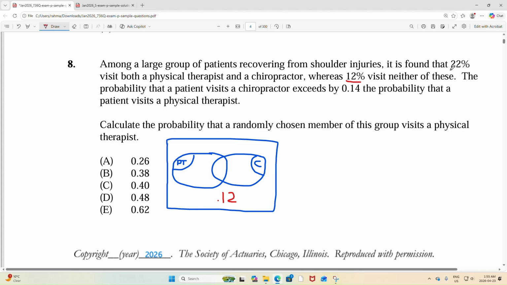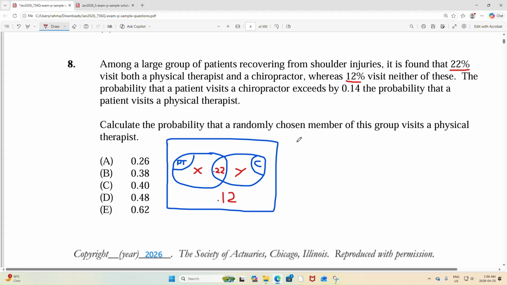And we're also told that 22% visit both a physical therapist and a chiropractor. So this is the region here that visits both. So that is 22%. And this region, we don't know. I'll call it X. And this region here is Y. Now the whole space has to add up to 1.